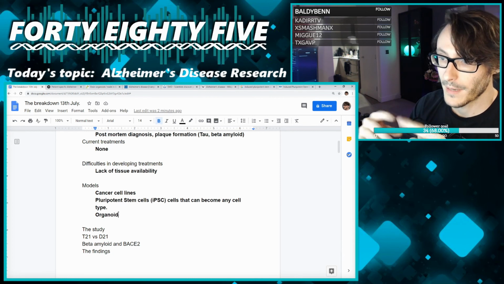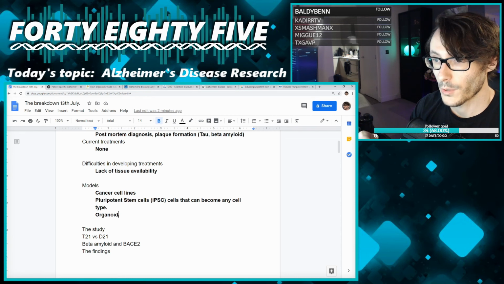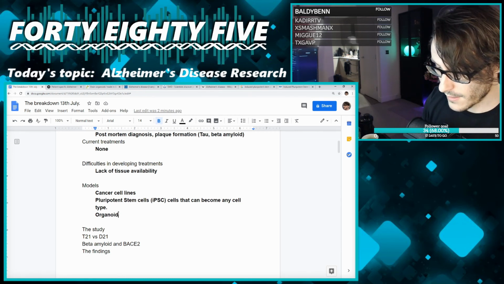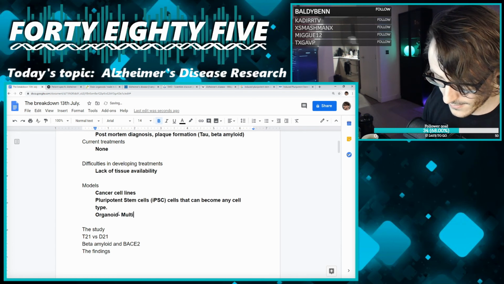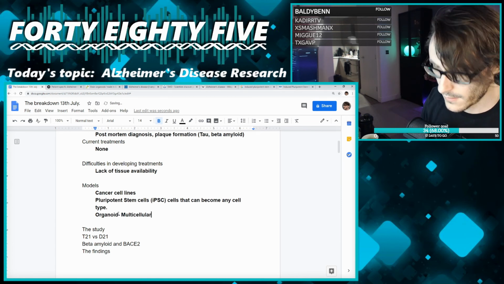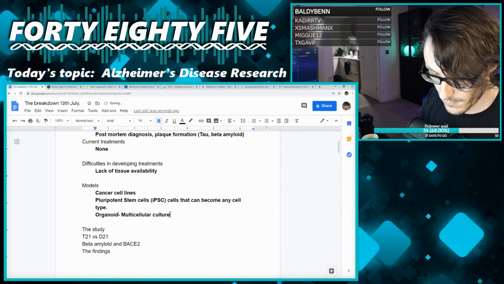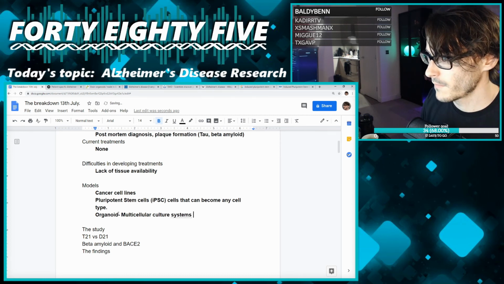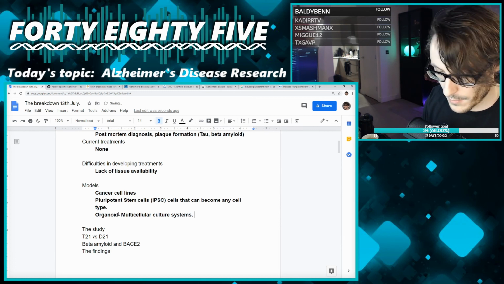So in the paper we'll go into, what they've done is they've made what are called cerebral organoids, right? So just to write this down, these are multicellular culture systems with multiple different cell types in it.